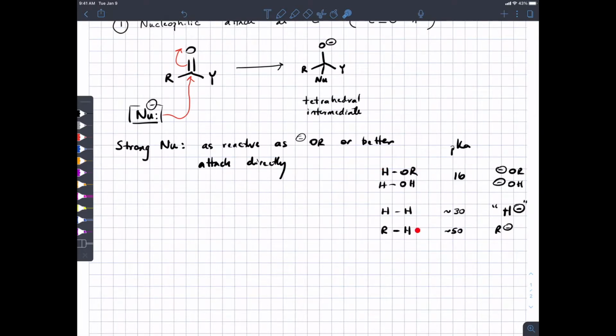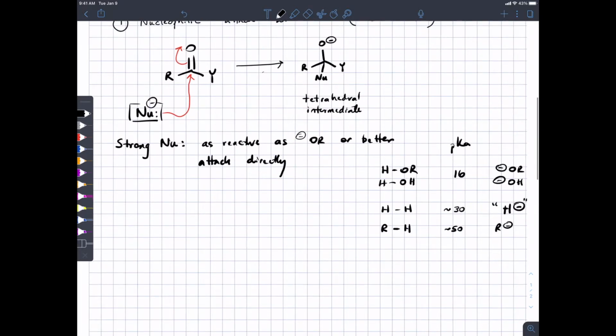Really exceedingly weak acids are conjugate acids of really strong nucleophiles. So if the nucleophile is strong enough, as reactive as a negatively charged oxygen, then you can attack directly. Okay?